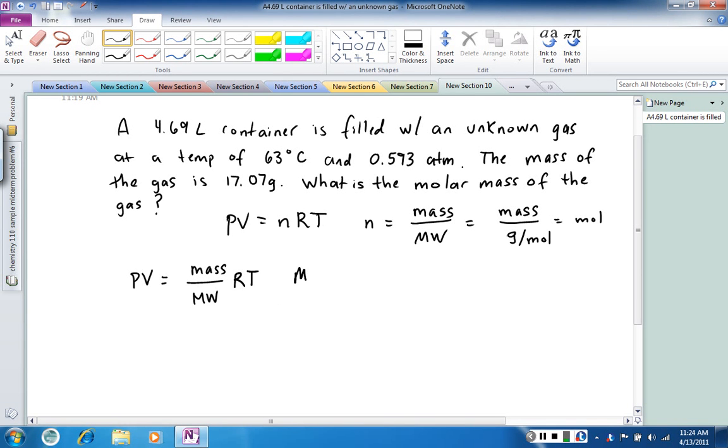That gives us molecular weight times PV equals mass times RT. Now we'll divide both sides by PV to isolate molecular weight by itself. That gives us molecular weight equals mass times RT divided by PV.